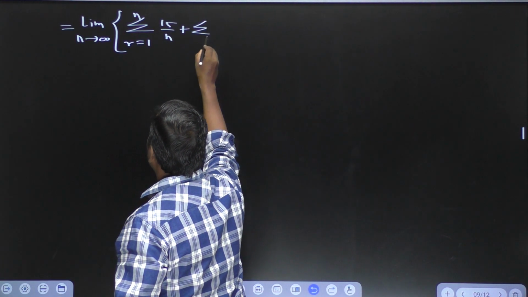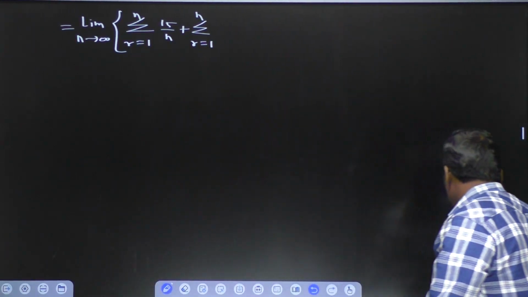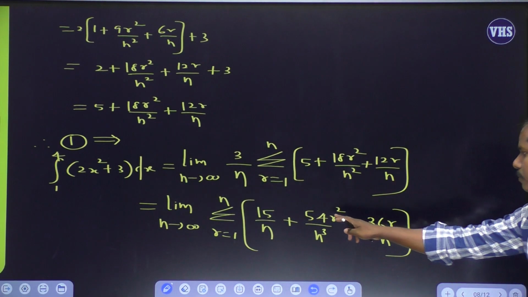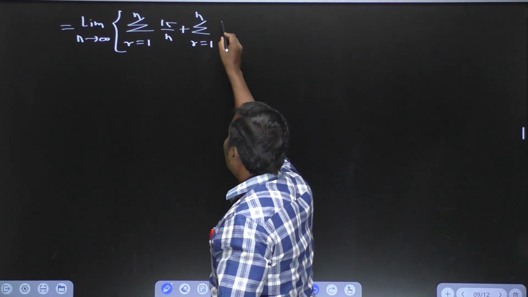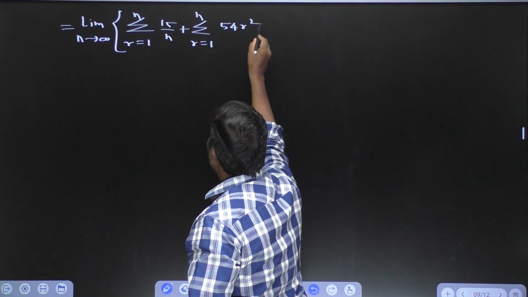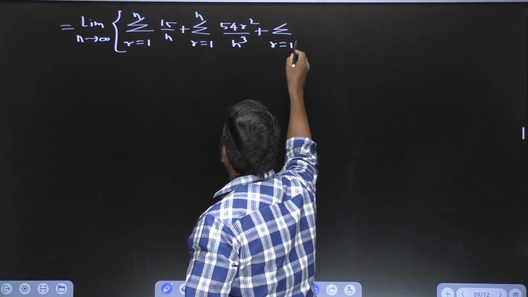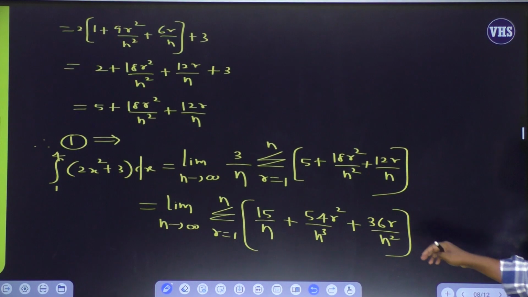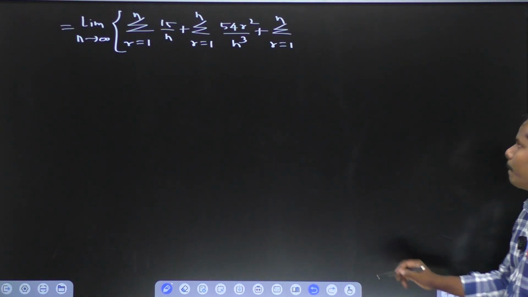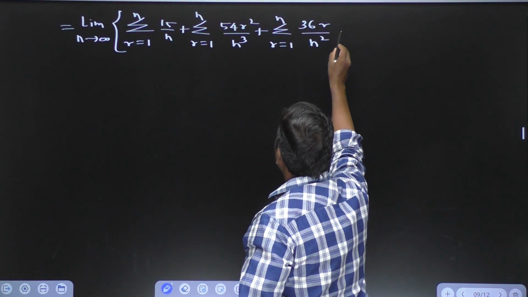Plus summation over r from 1 to n. What is the second term you got there? Second term, 54 r squared by n cube. Finally, summation r equal to 1 to n, last term, 36 r by n square.